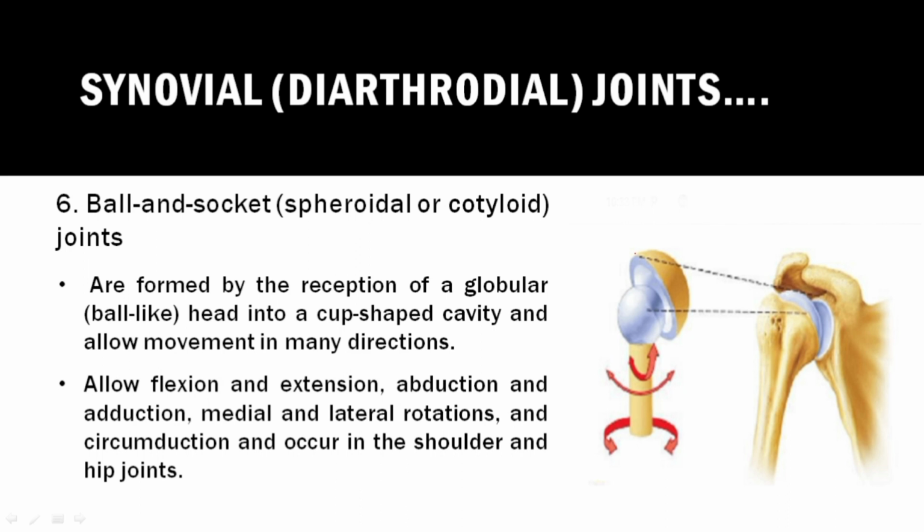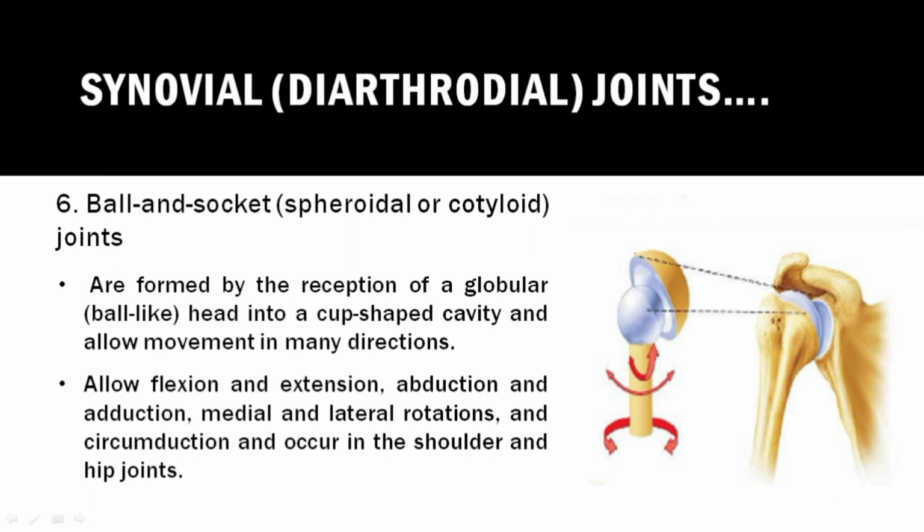Ball and socket joints, also called spheroidal or cotyloid joints, are formed by reception of a globular ball-like head into a cup-shaped cavity, and they allow movement in many directions.